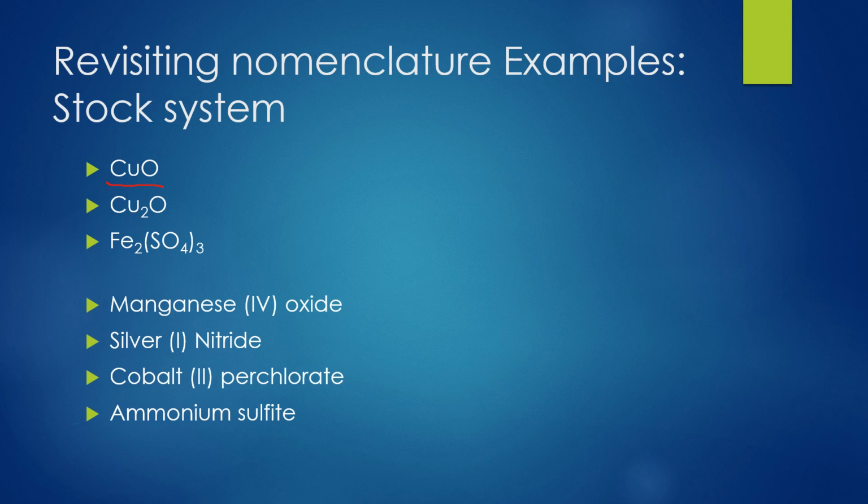So that means we're going to have to write the name with a Roman numeral indicating the charge afterwards. And to figure out the charge, we need to look at what it's attached to. In this particular case, it's attached to oxygen. And remember, oxygen has a -2 charge.